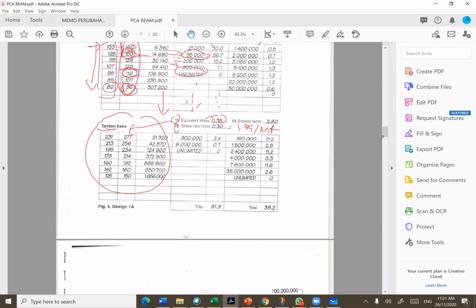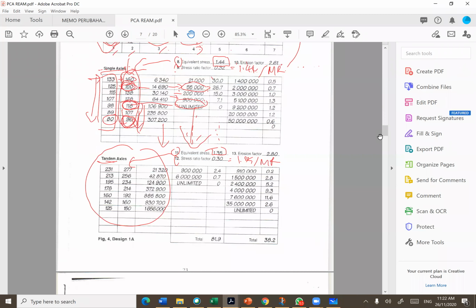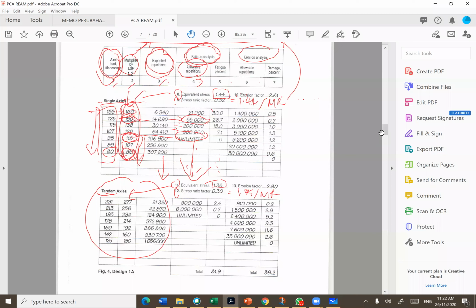You put it here as unlimited. If at one point you have found unlimited, definitely the rest, the smaller values going down here, you will find unlimited as well. That's why you stop calculating the allowable repetition. So until within the scale only. If it goes out of the scale, that's where you stop. You don't have to calculate more.